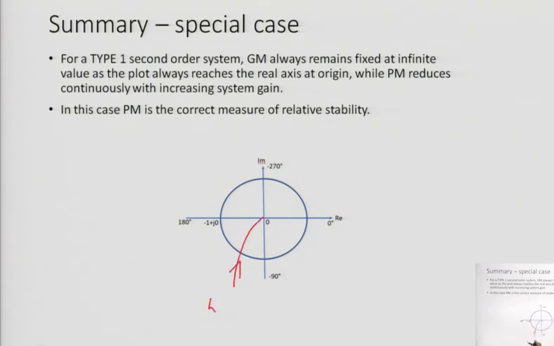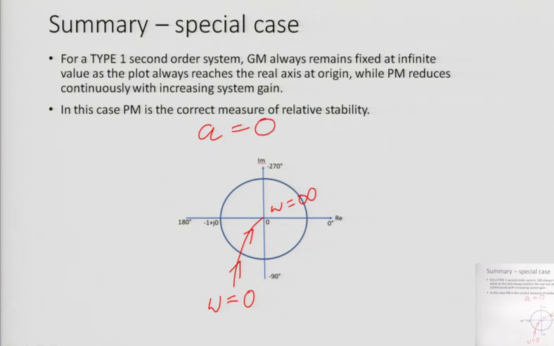Omega is equal to 0 here and omega is equal to infinity here. Here we can see that the value of A, that is the magnitude when the phase angle is minus 180 degrees, will always be 0.